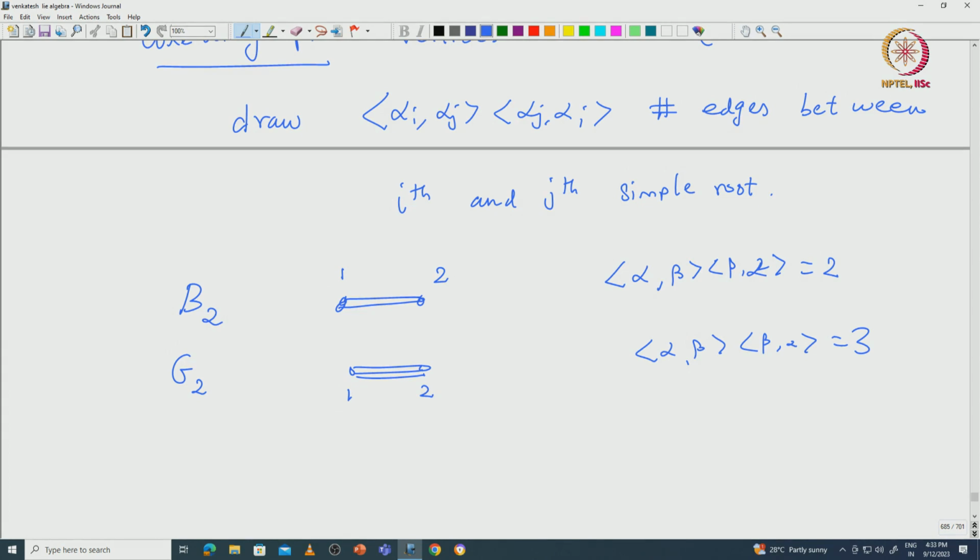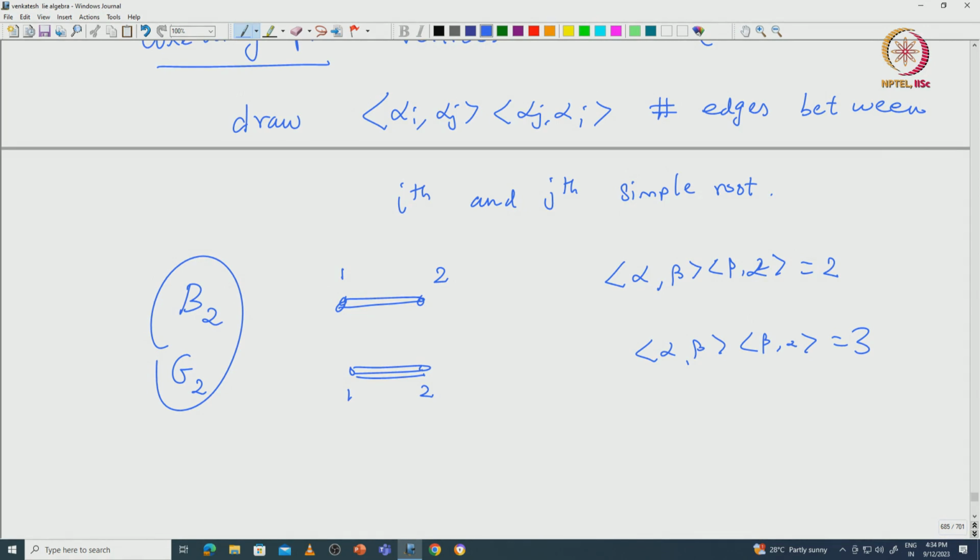Of course, the Coxeter graph determines the Cartan integers alpha i, alpha j in case all the roots have equal length. But we have already seen that that is not the case. For example, B2 and G2 have different root lengths. For an irreducible root system, we have seen that at most 2 root lengths can occur.